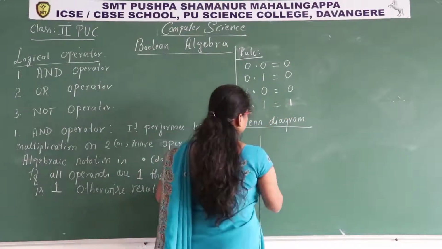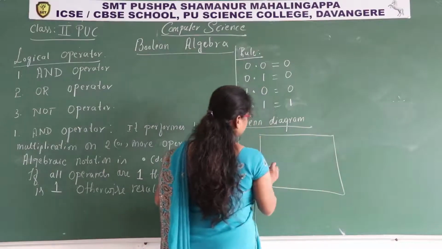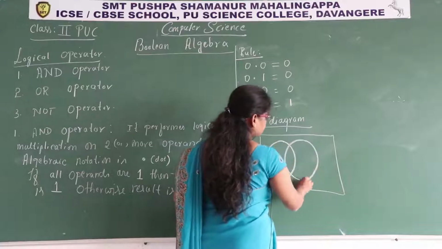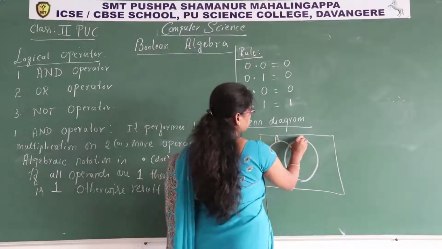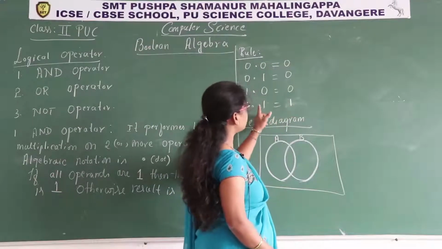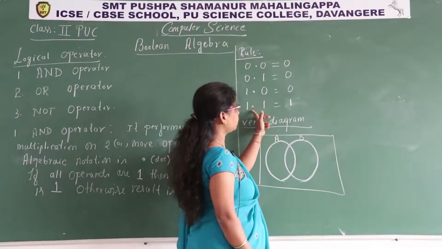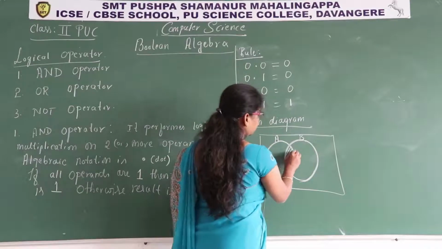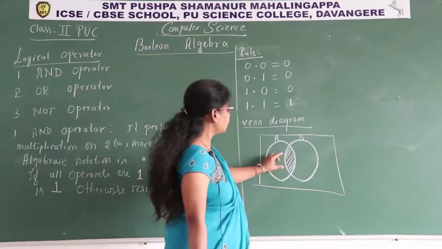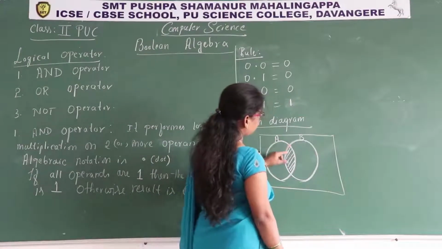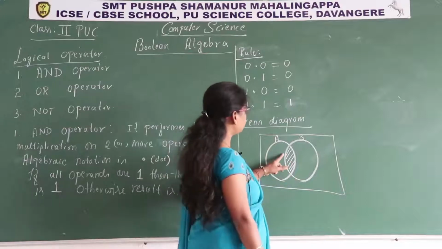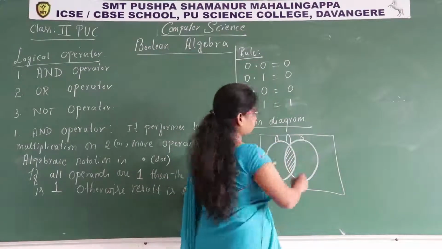So we have to write the Venn diagram like this: this is set A and this is set B. When both inputs are high, or both inputs are 1, we have to shade that part as high. So where is the shaded part? Here. When both sets have high, then the output is high. So it is the intersection.